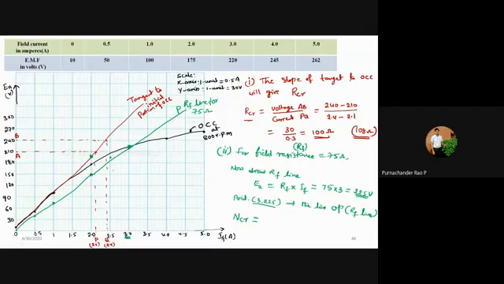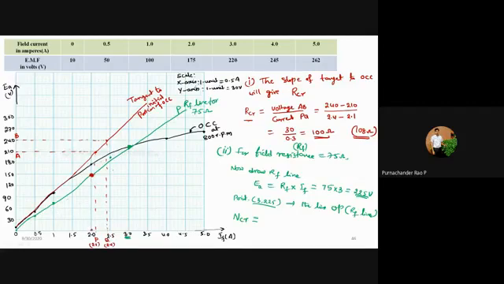So I will choose a point here, anywhere you can choose.